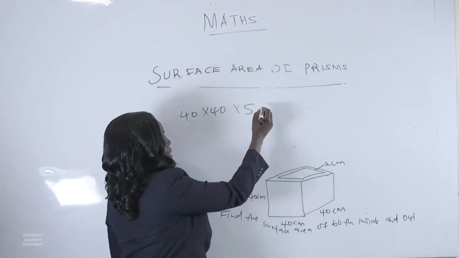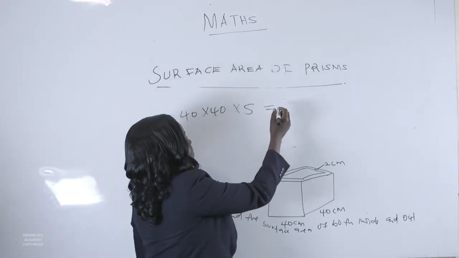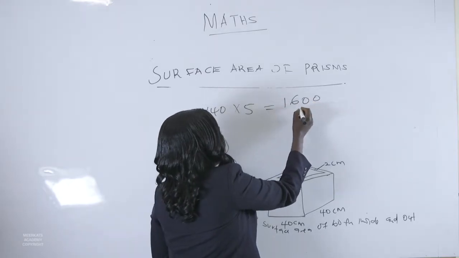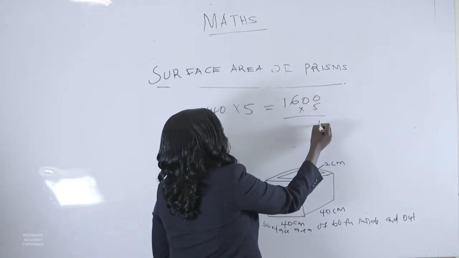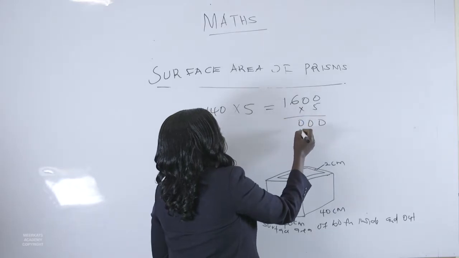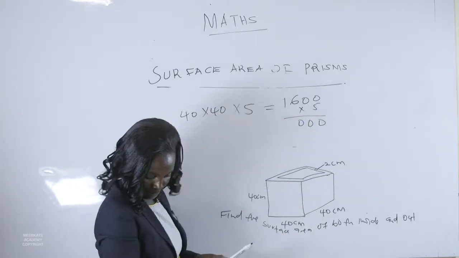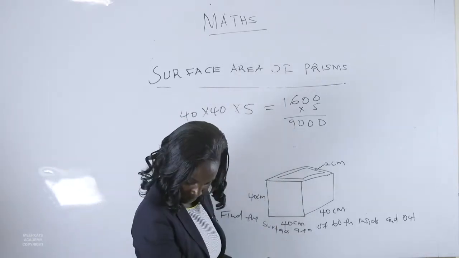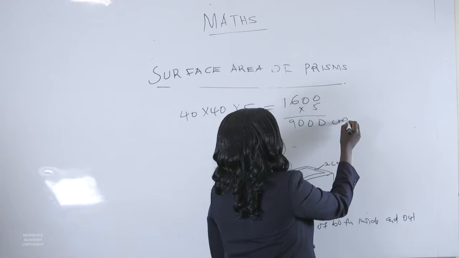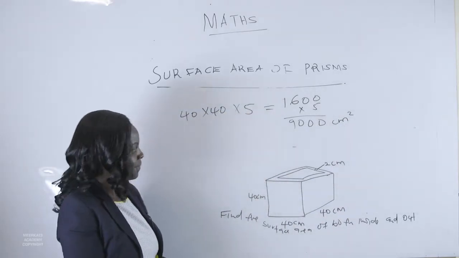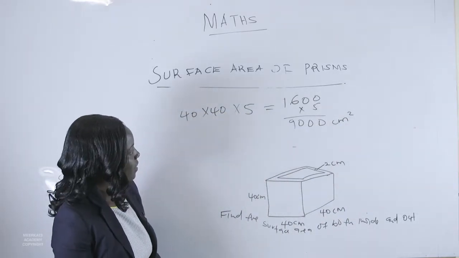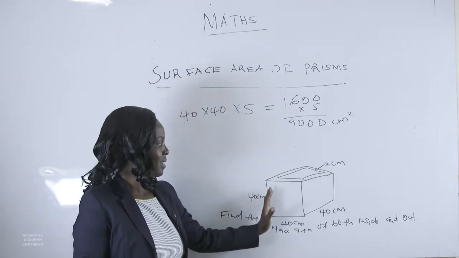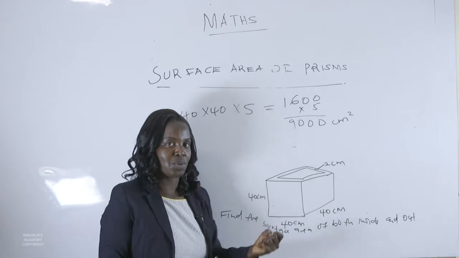If we multiply by 5, that will give us the result in square centimeters. Then this is the surface area of all the outside faces of the cube.